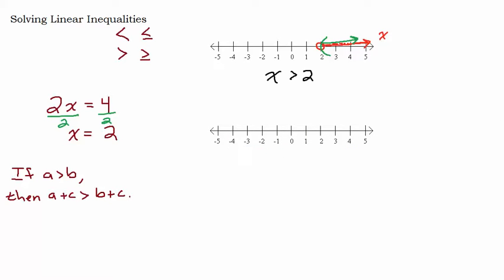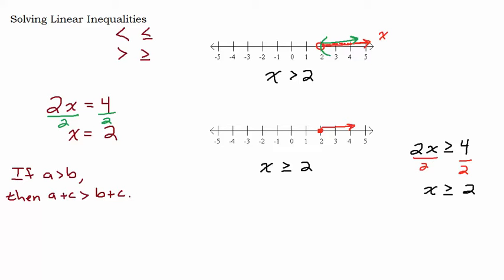An example of that would be if we started with 2 times x is greater than or equal to 4 and solved that. We would divide both sides by 2 and come up with x is greater than or equal to 2. On the number line, instead of an open circle, we use a closed circle to include 2, and then anything bigger than 2.